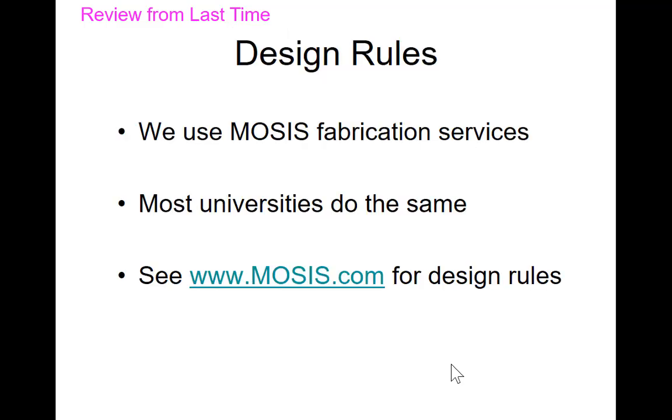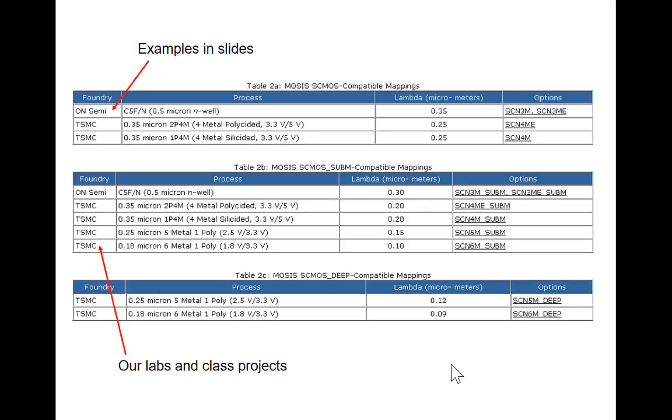Like I said, we use the MOSIS fabrication service, and most universities do that. On their web pages you can find all those design rules. MOSIS offers multiple different fabrication technologies, and on this page, for example, is ON Semiconductor's 0.5 micron process, where the feature size is 0.5 micron, and for that you can have different options.